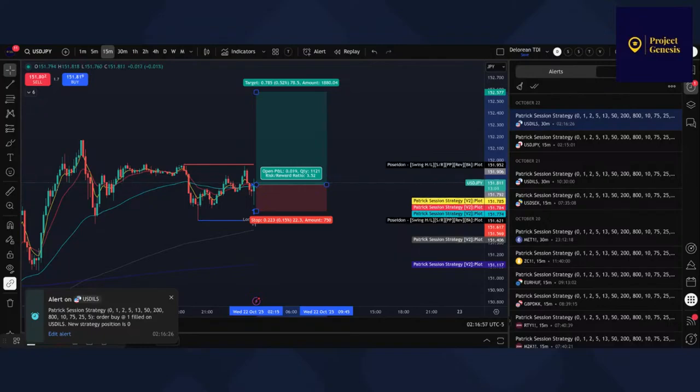Stop loss is going to be 151.617. That's for 22 pips. And take profit is 152.577. It's going to be for 79 pips.